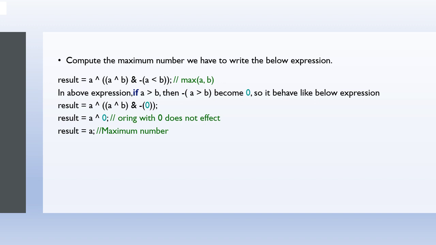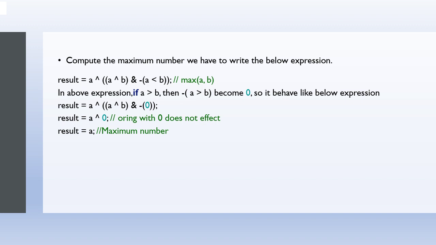I hope you understood this. You will understand this better if you open your IDE and check this: put in some inputs, check for maximum and minimum numbers, then you will get to know better. You can do step-by-step debugging and monitor a, b and the result, then you will understand how the flow is going.